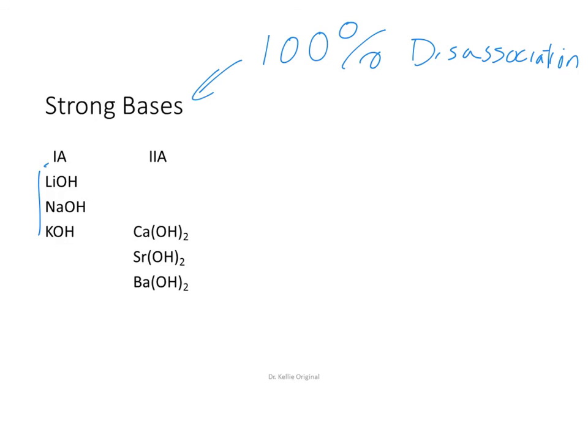You have lithium, sodium, potassium, and then potassium swings over to calcium, strontium, and barium. So if you look at your periodic table, you'll find they form a nice little Tetris piece for you here. Lithium, sodium, potassium, calcium, strontium, and barium. Now, these strong bases do dissociate 100%.